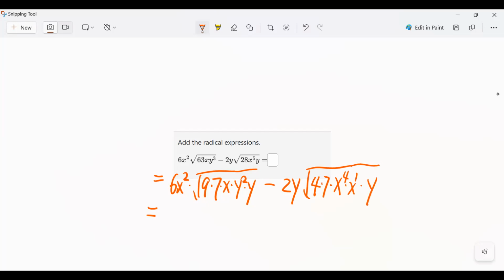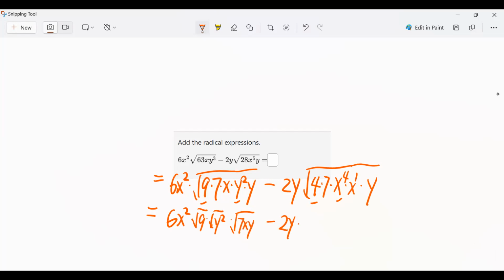I will simplify. And all of these are perfect squares, right? Everything else we're going to put into one radical. So 6x squared radical 9 times radical y squared. The last one is radical 7x.